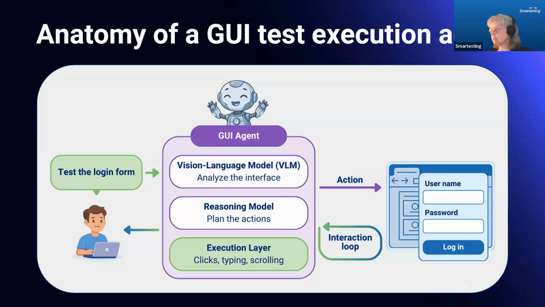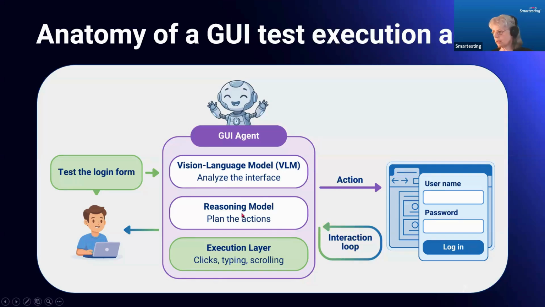To dive a bit deeper into the anatomy of a graphical UI test execution agent, we still have the humans here. We have our GUI agent, and the core element of this GUI agent is the vision language model. It's a large language model that has also been trained on pictures, so it is able to analyze pictures, not generate them.